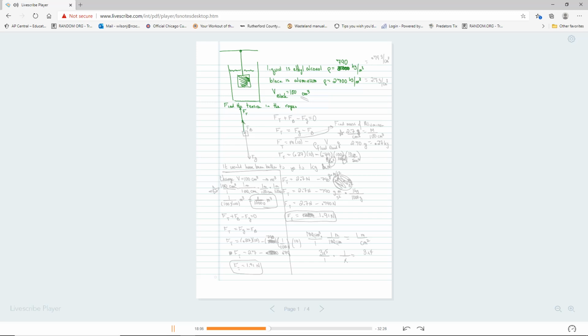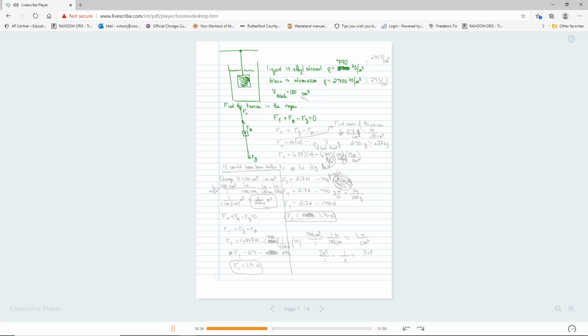Force tension up, and there's going to be force buoyant up. And then here's my cube, force gravity down. So there's my mental picture, so I know that force tension plus force buoyant minus force gravity needs to equal 0.